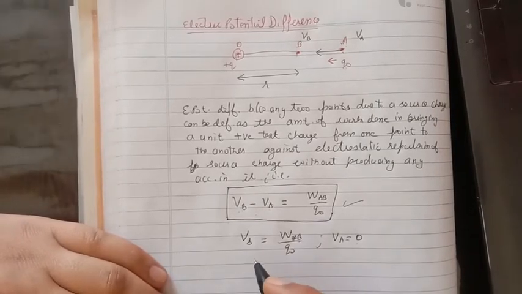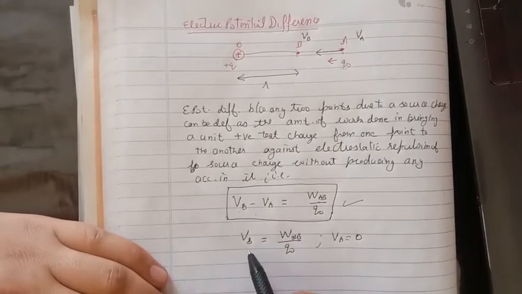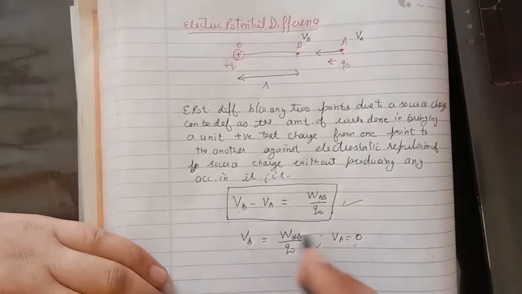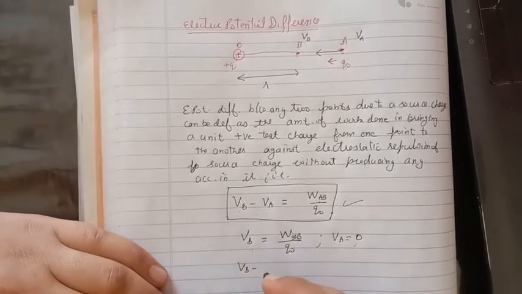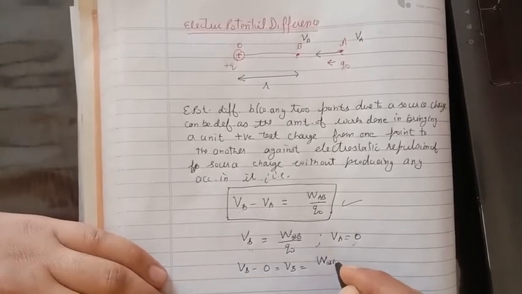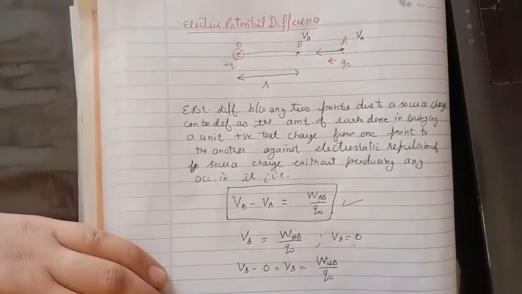Thus we observe that when we are calculating the potential at a given point, even then we are calculating the potential difference, which is simply numerically equal to VB minus 0, equal to VB, equal to W infinity B divided by Q naught.